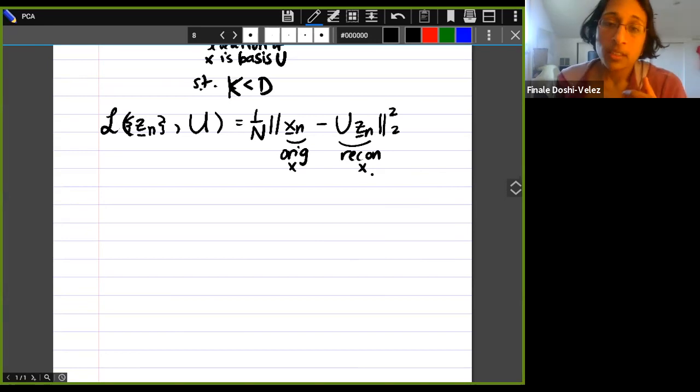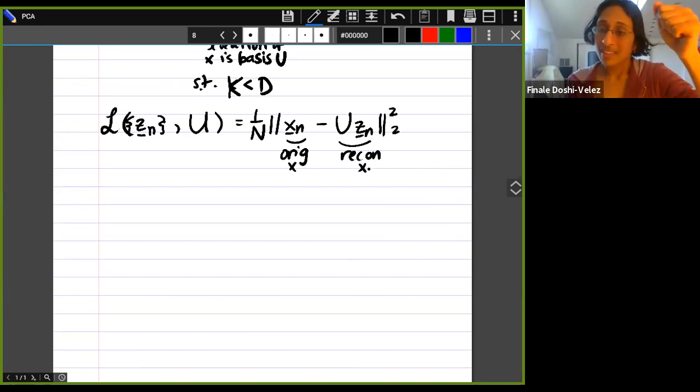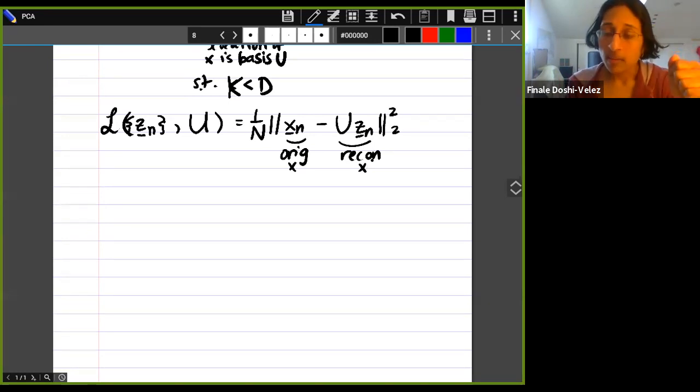The big difference here is that if z was a one hot vector, so if z had to be just a vector of all zeros except for one, zk is equal to 1, then that would be exactly the same loss and setup as k-means. But now we're being more flexible. We're saying that, hey, you don't have to be 0, 1, because sometimes things lie on a spectrum. And so this z can be whatever it needs to be. It's really the location in this new space U.